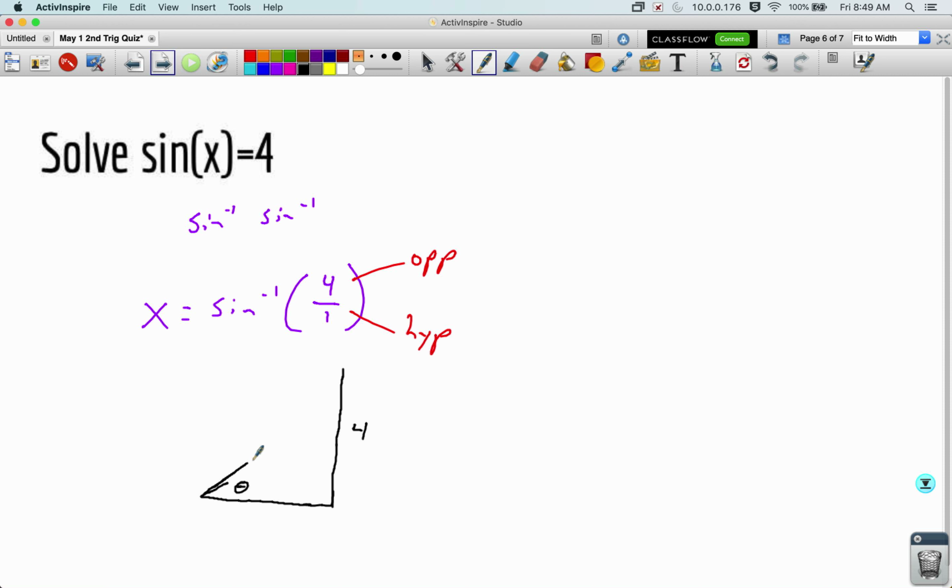So it's never going to reach. Even if I scooch this side all the way in, I can never get this point all the way up to this point. So it's an impossible triangle. One thing we've said is that the hypotenuse always has to be the longest side. Well, here it's not the longest side, so this is an impossible triangle. Therefore, we get no solution.